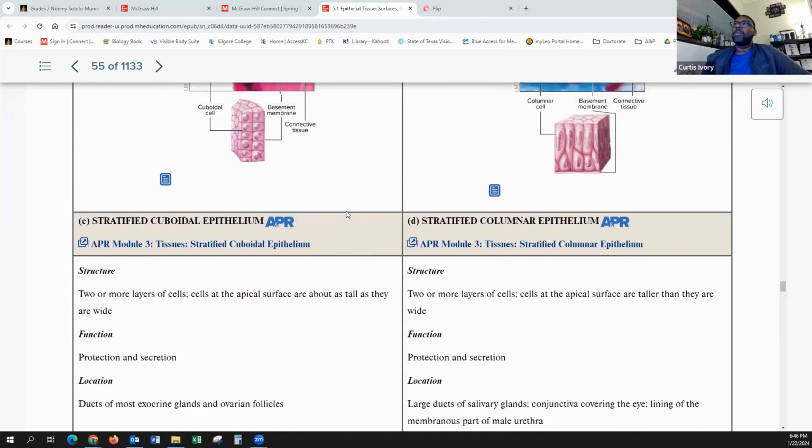So in places where we have secretions, like certain glands like our pancreas or our thyroid, that's going to secrete a type of hormone, or any secretion in general, is going to be cuboidal, but it might depend if it's going to be simple or stratified, but it's always going to be cuboidal if there's going to be secretion.